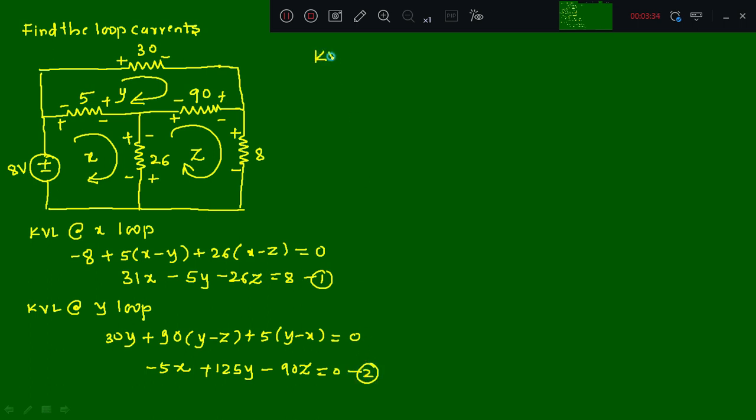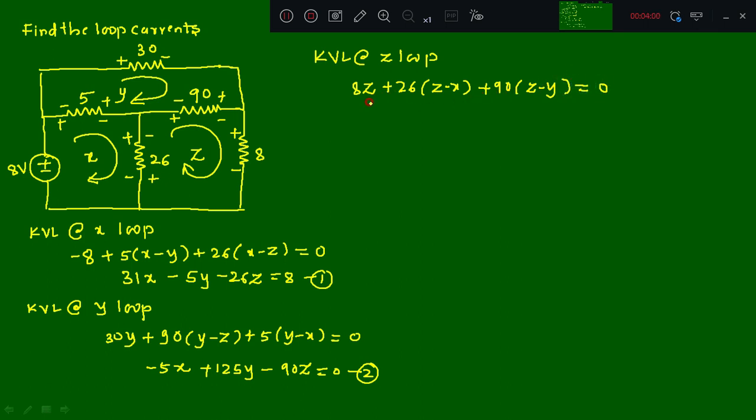Similarly, KVL at Z loop, right? We start from this point. It is 8Z, here 26, but it is sharing with the X. 26 times Z minus X. Here 90 is there, but it is sharing with Y. 90 times Z minus Y. No voltage source, 0.